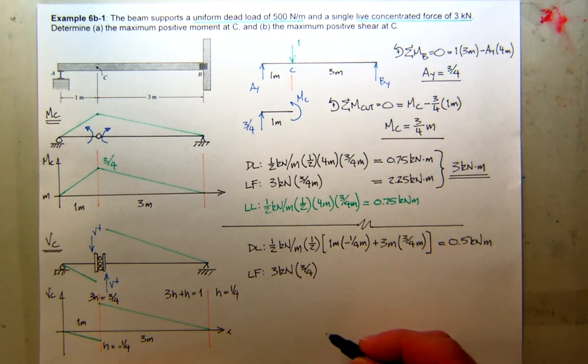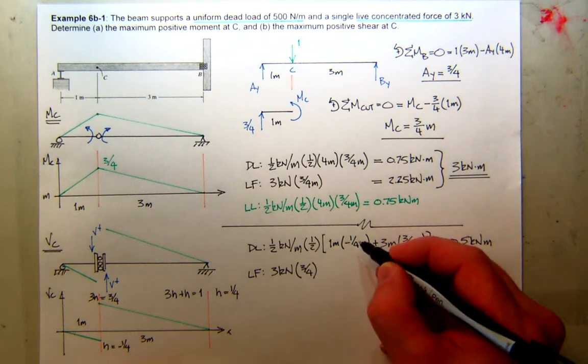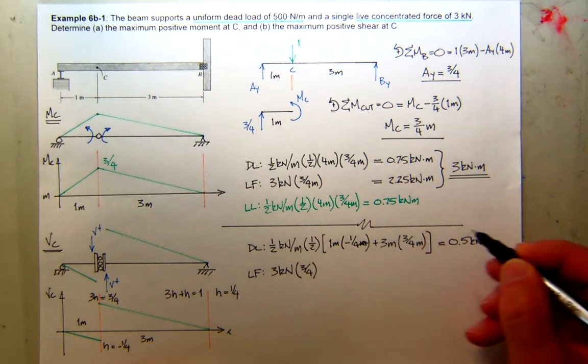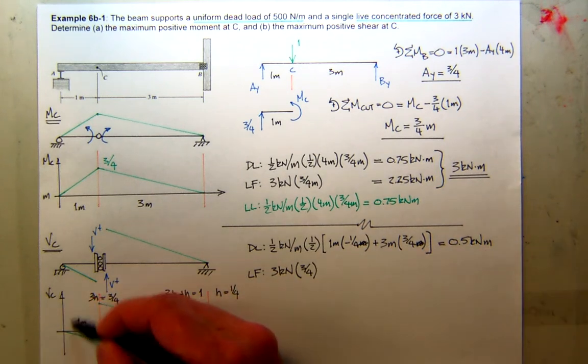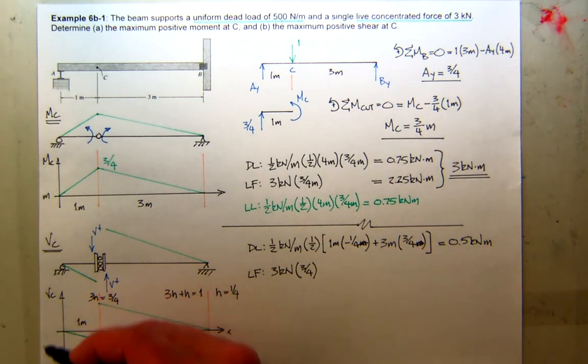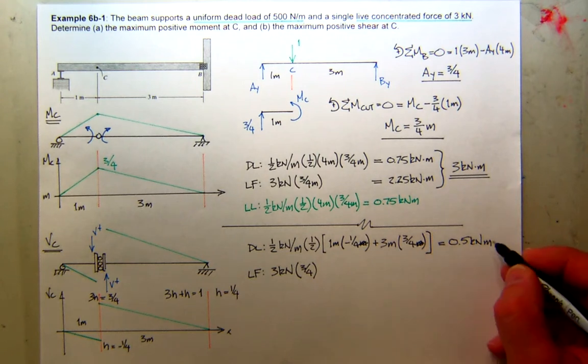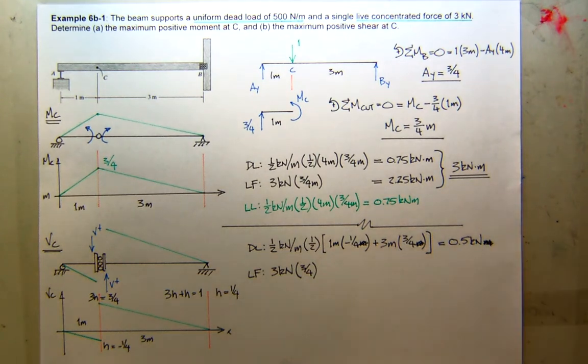Oh, I made a mistake, too. These heights don't have dimensions. On the influence line for shear, it's dimensionless, so the heights have no dimensions, and you're just going to get a force, kilonewtons. Sorry about that.